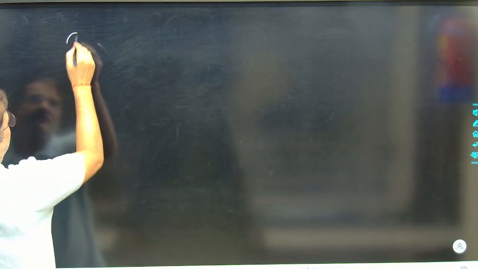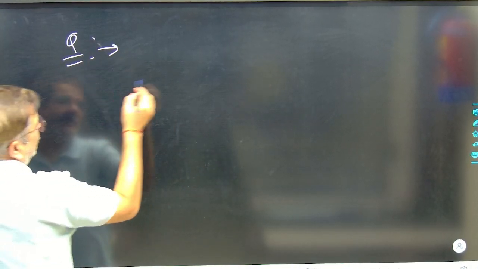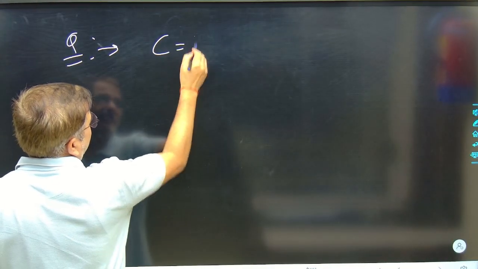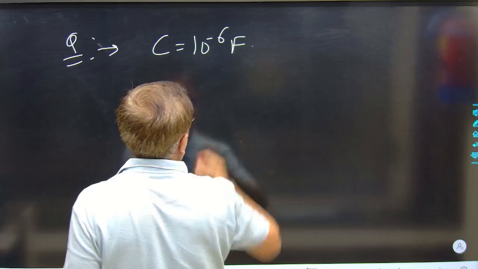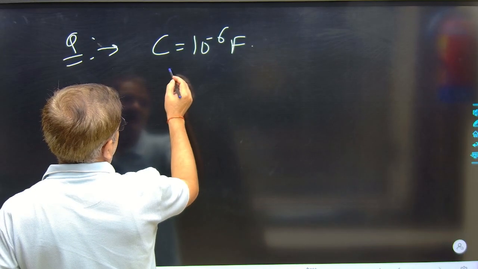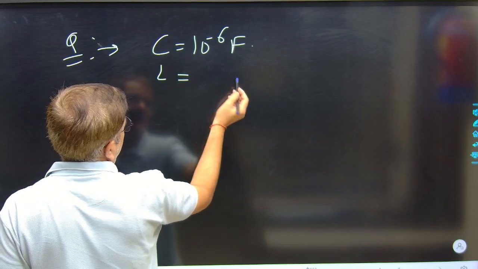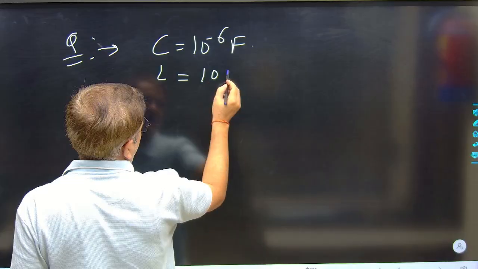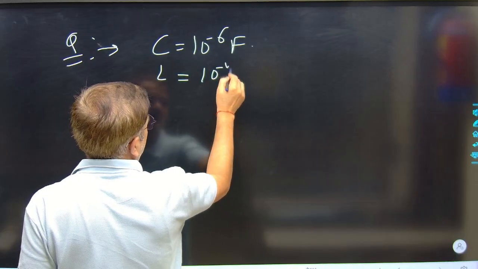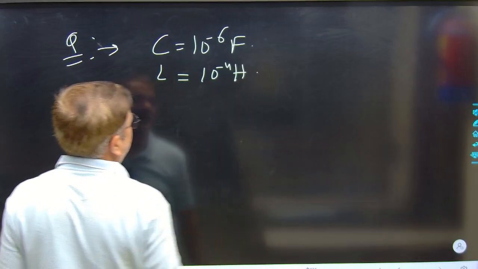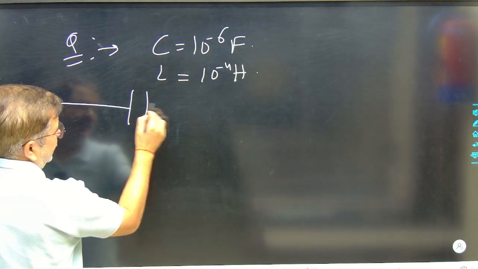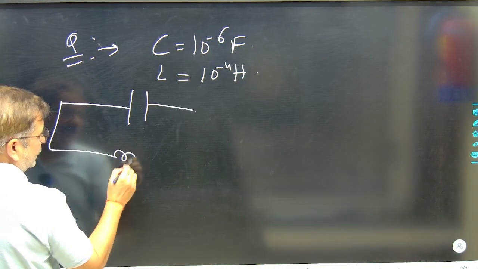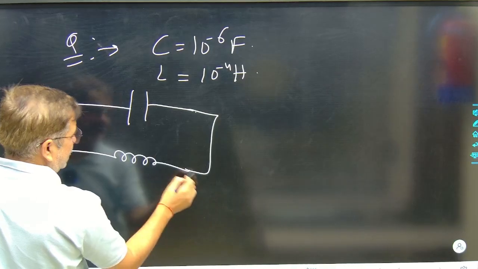Suppose the capacitance C value is 10 to the power minus 6 farad, and the inductance is 10 to the power minus 4 henry. For any inductor capacitor arrangement, this arrangement can be produced and attached to a circuit like this.